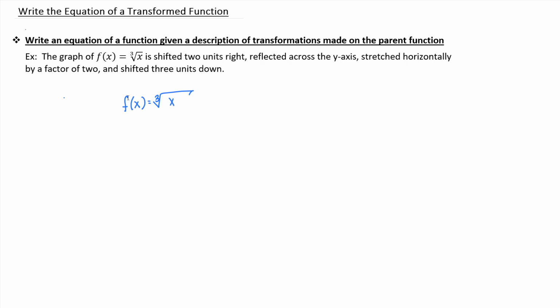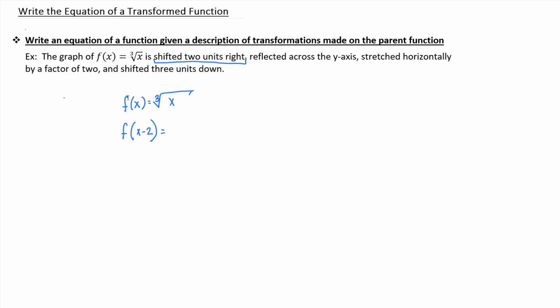So in order, it says the graph of f of x equals the cube root of x is shifted 2 units right. So that's our first transformation. If we want to shift 2 units right, we know that has to happen to the x's. So instead of evaluating our function at x, we need to apply it at x minus 2, because minus 2 from our x's takes us rightward.